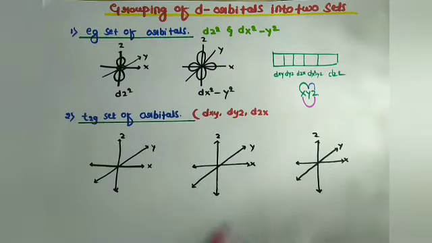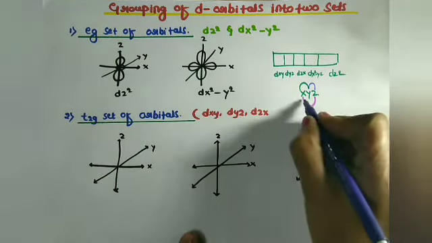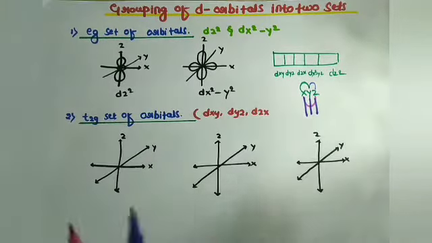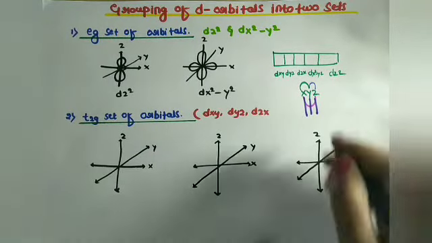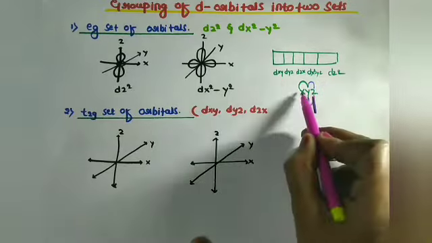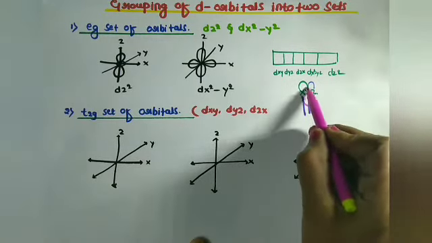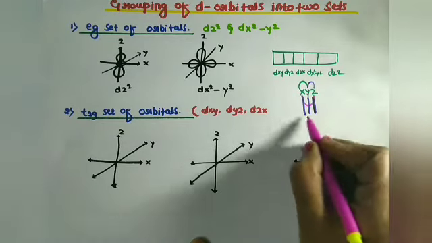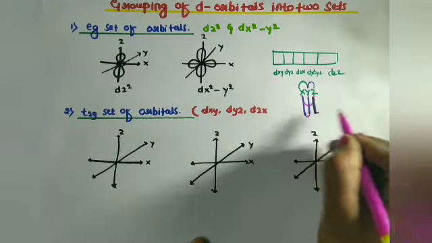Then x square and y square, and then z square. So you can easily remember this: dxy, dyz, dzx, dx square minus y square, and dz square.